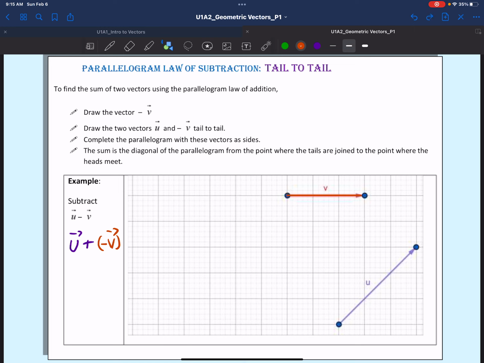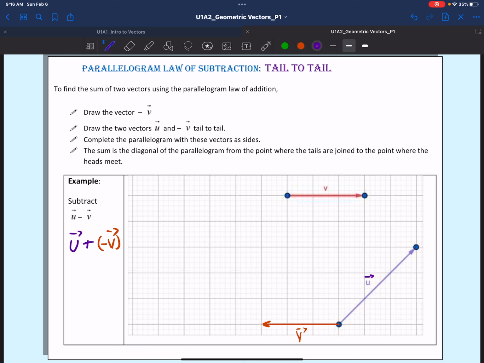So we'll grab that. And we will bring the tail of vector negative v, forgot to grab the head as well, at the tail of vector u. Here goes negative v, and here goes vector u.